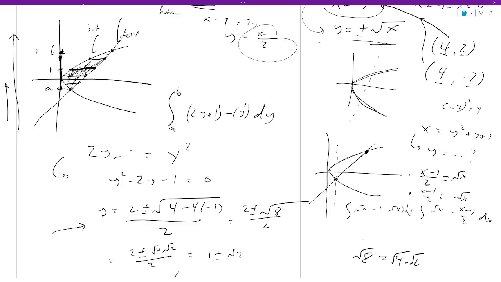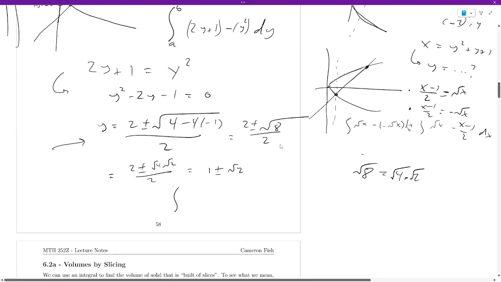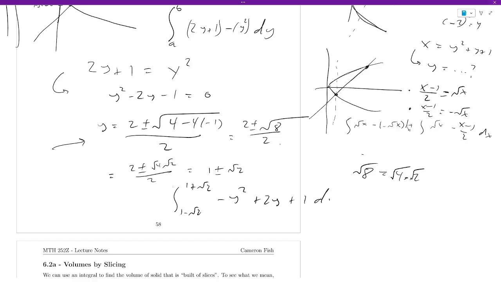And then 1 plus something will be up here, and 1 minus something will be down here. And you might know root 2 is like 1.4 something. It's bigger than 1. So 1 minus root 2 will be negative. So that makes sense. So our lower bound is going to be 1 minus root 2 up to 1 plus root 2. And just rearranging a little bit, we'll have our equation from before, which you could do.